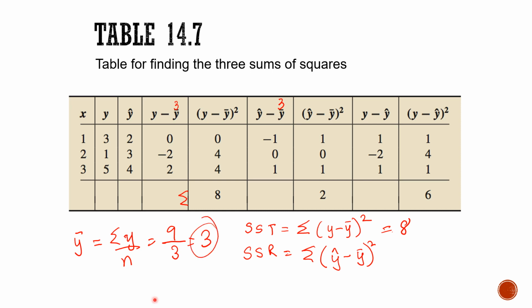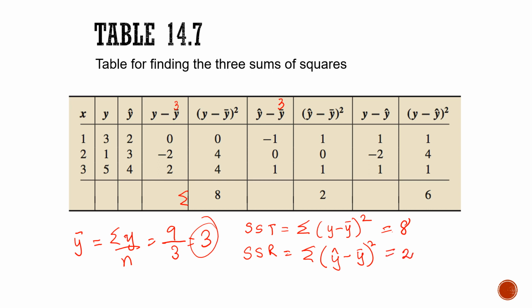So it's y hat minus 3. So 2 minus 3 is a negative 1. 3 minus 3 is a 0. 4 minus 3 is a 1. We have to square each of these values. So negative 1 squared is 1. 0 squared is 0. 1 squared is 1. We sum them up and we get a value of 2. And that's our SSR. So our SSR is a 2.